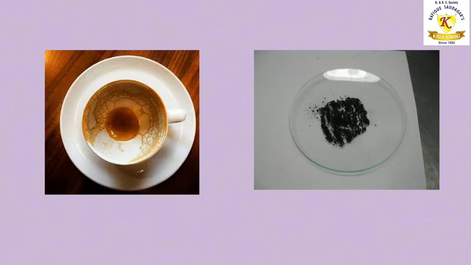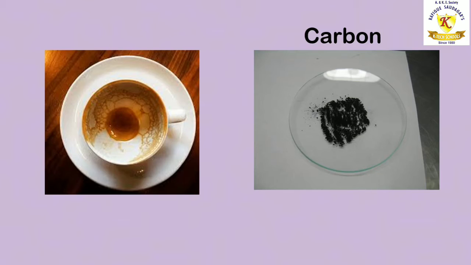Now, the black residue is mainly made of carbon. Moreover, when such compounds are strongly heated in air, they combine with oxygen to form some gaseous substances.